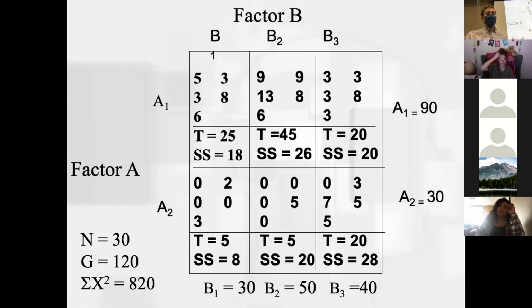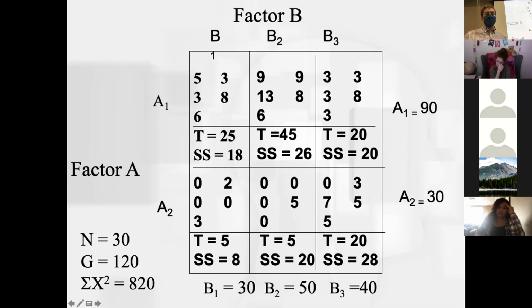And then for each combination, for low humidity at 80 degrees, we have data. We have 5 different data points in here: 5, 3, 3, 8, 6. These are the participants' performance scores in the low humidity and 80-degree temperature condition.